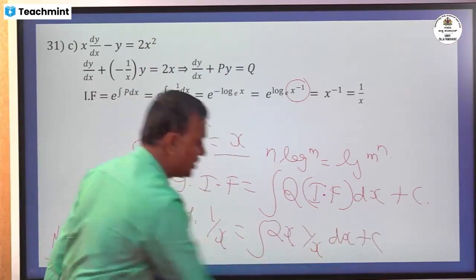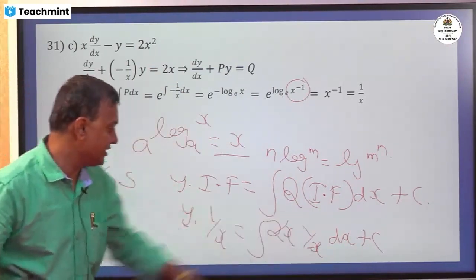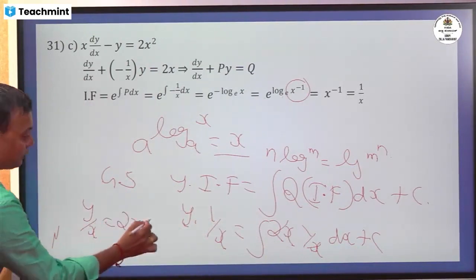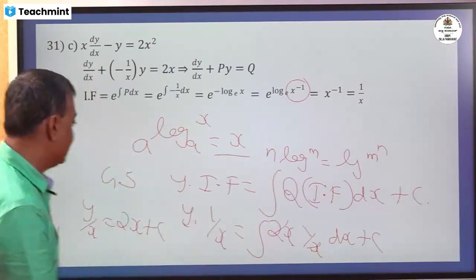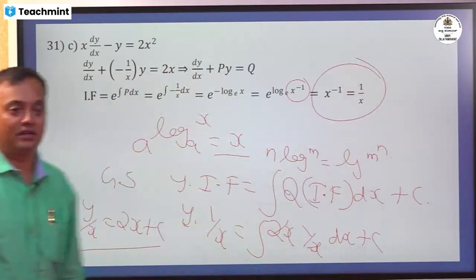Very simple question. ಇಲ್ಲಿ x cancel ಆಯಿತು, integral of 2 is 2x. So y by x is equal to 2x plus c, or y equal to 2x square plus cx. This is not asked. ಇಲ್ಲಿ ಕೇಳಿದ್ದು ಇಷ್ಟೇ, integrating factor.